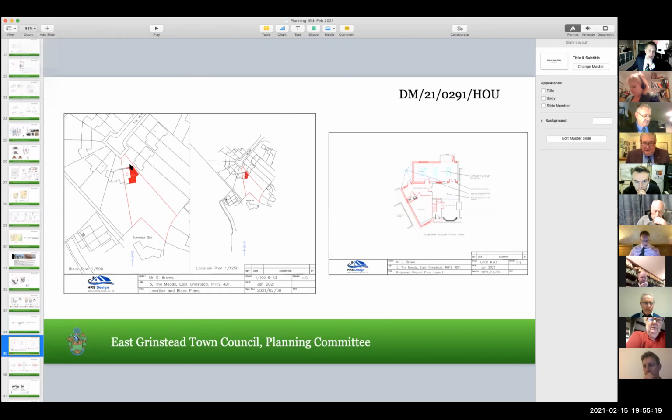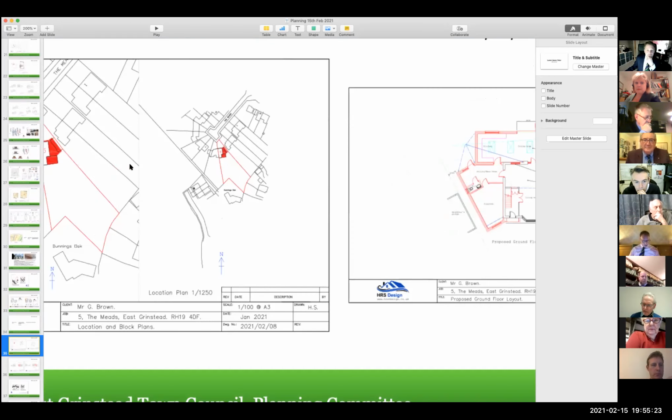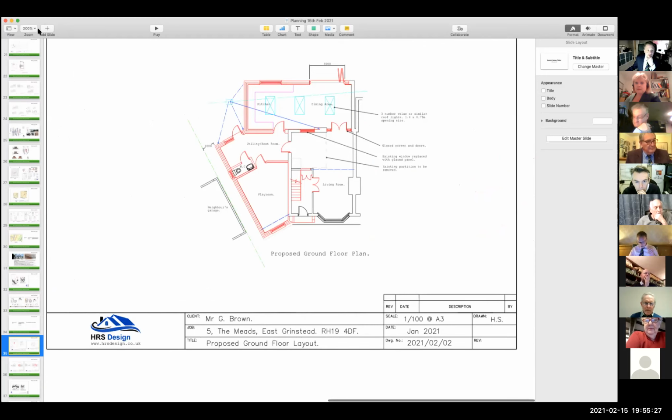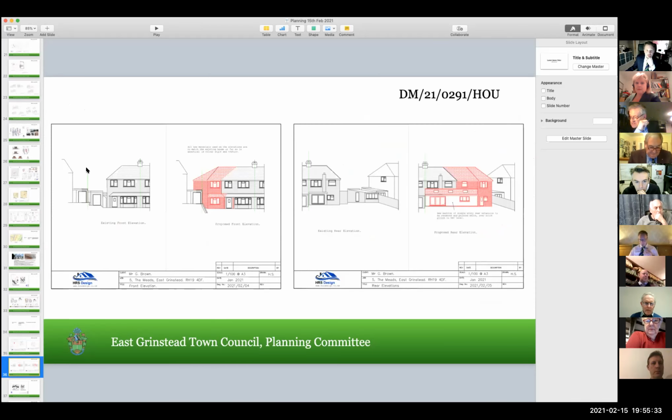So this is the property here. The red is the proposed. Here's a floor plan, massive, showing new layout. And here you can see quite clearly the before and afters. This is Herontie. So, Councillor Odey, the floor is yours.